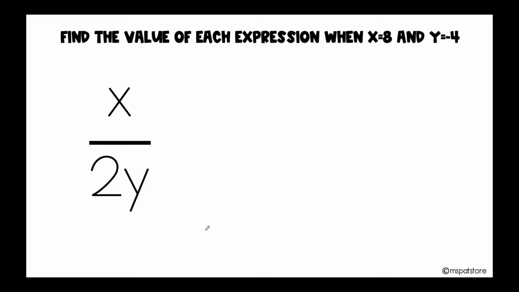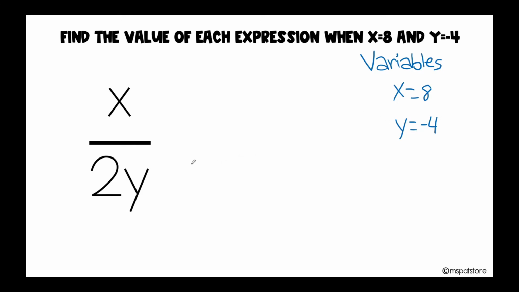So let's take a look at this example. It says, find the value of each expression when x is equal to 8 and y is equal to -4. As you can see, now we're mixing letters and numbers. Don't worry, these letters are called variables. They told you that x is going to be 8 and y is going to be -4.